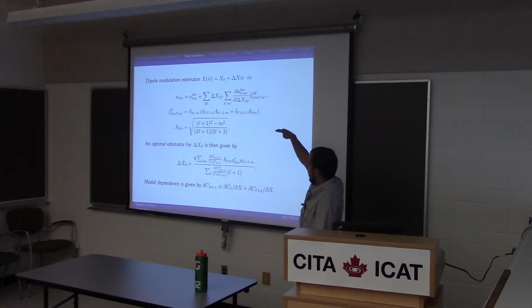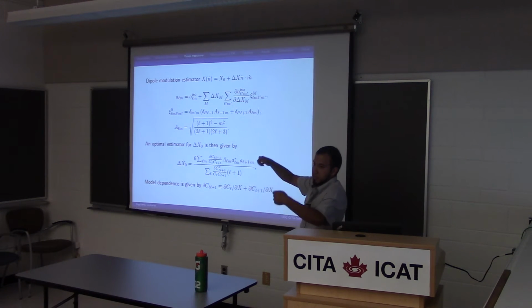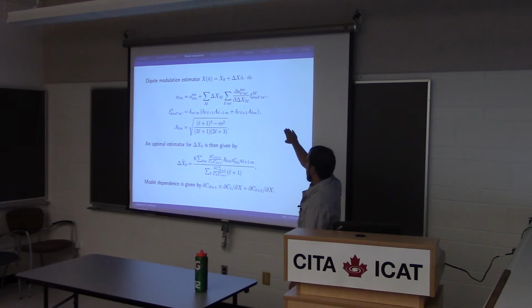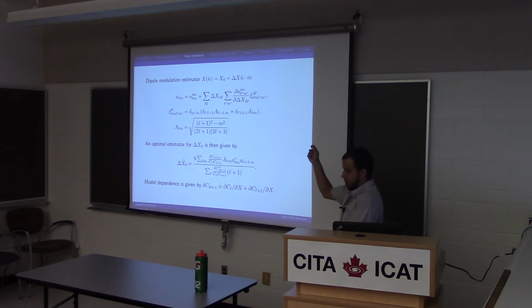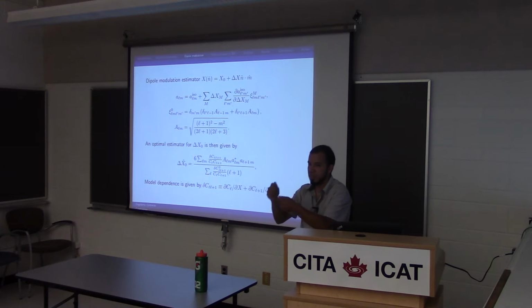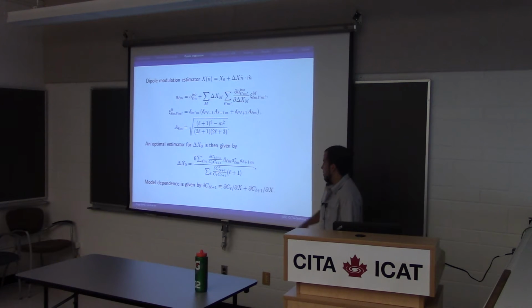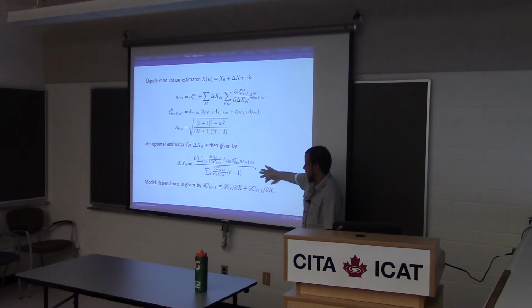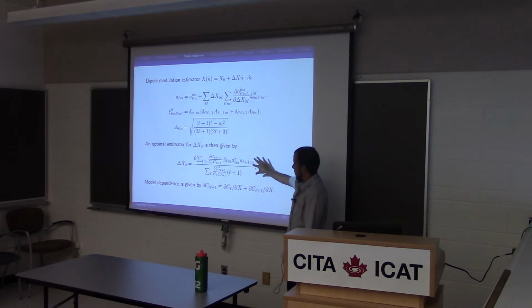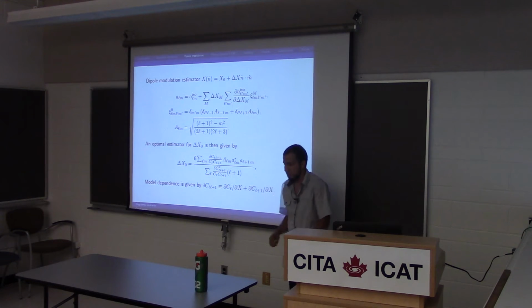So it changes the a_lms, the temperature on the sky, in this way. There's the isotropic piece, and then the anisotropic piece is added on. This forces coupling between neighboring modes, l and l+1. So the covariance that was diagonal now has off-diagonal pieces. And that's shown here. The estimator, the same estimator I showed before, applied to dipole modulation looks like this.